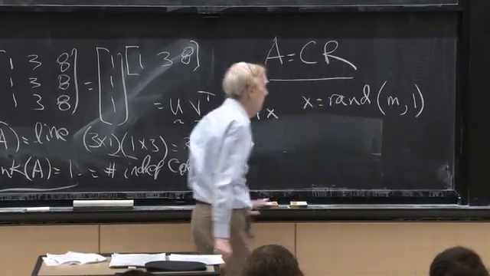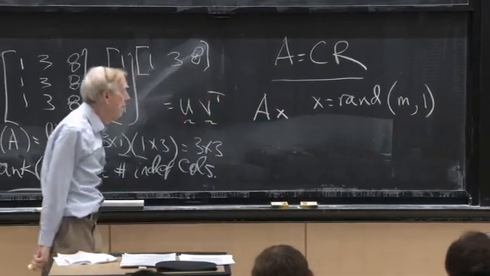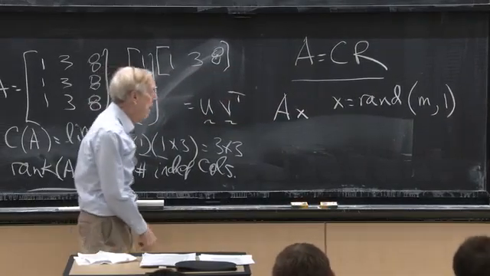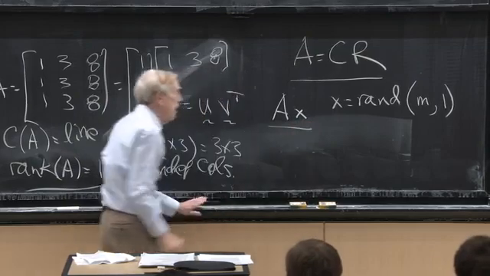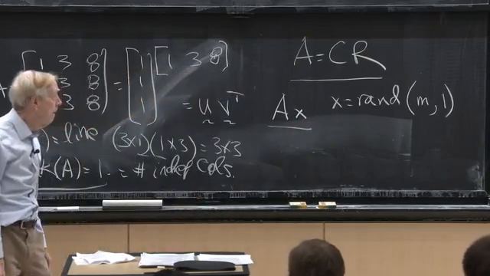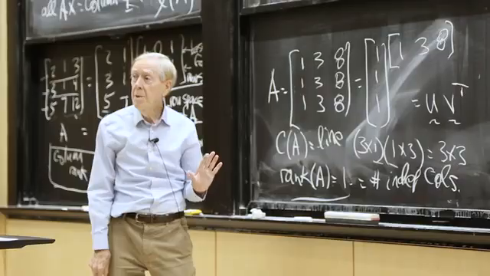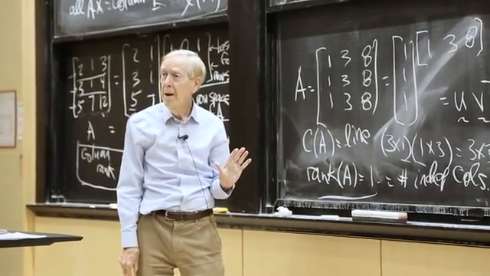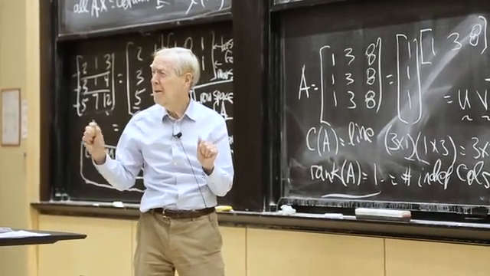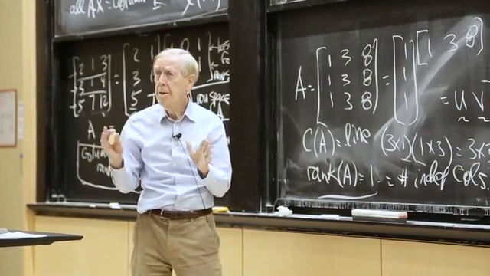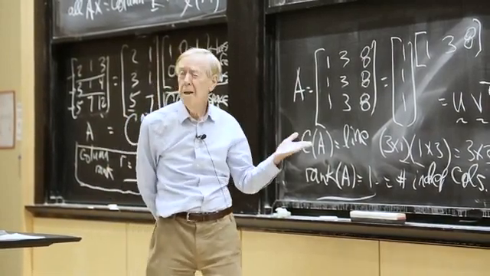It's a vector. And what can I say about AX? What space is it in? Column space. Thanks. That was the first idea in this lecture. AX is in the column space.